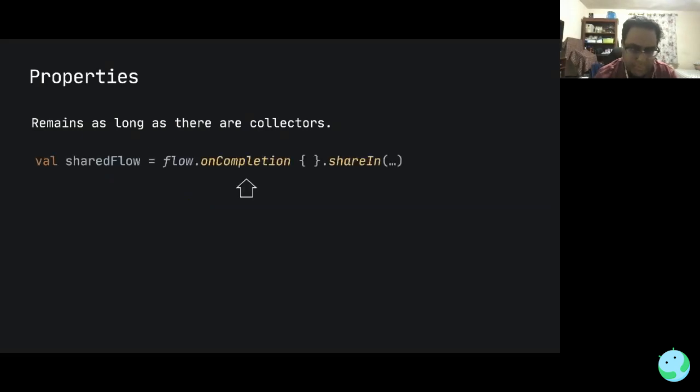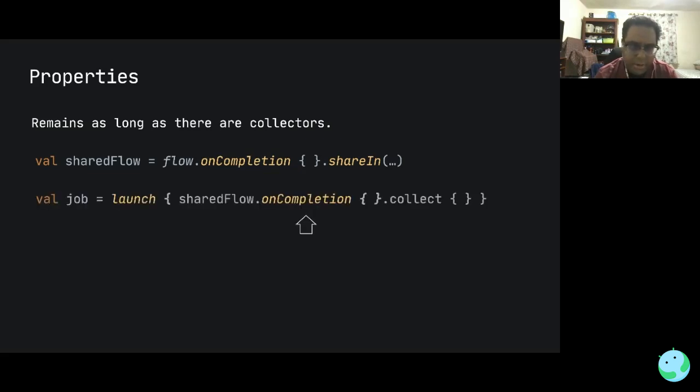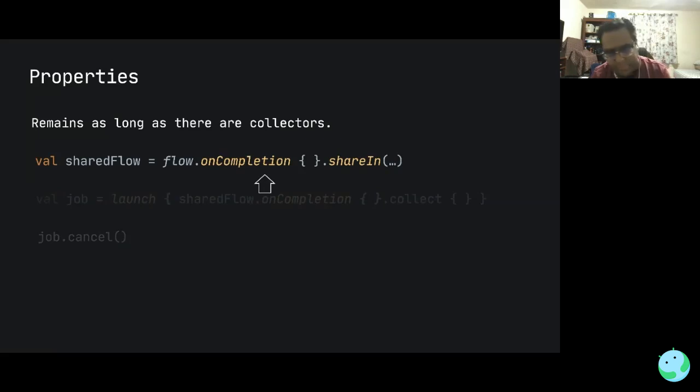For example, suppose you had a flow like this, and I added an onCompletion block before the shareIn. Suppose I had a subscriber, so I'm creating a coroutine, and I have sharedFlow.onCompletion, and I collect from it. And then I have a reference to its job. When I cancel the job, you'll see that the subscriber completes, and then the onCompletion block of the producer is also called.